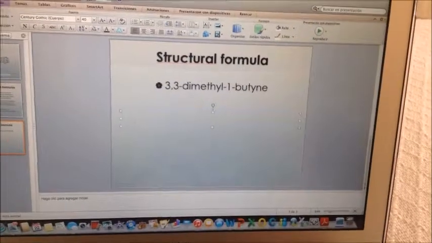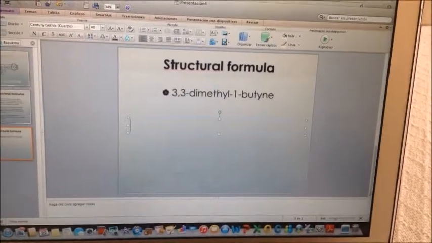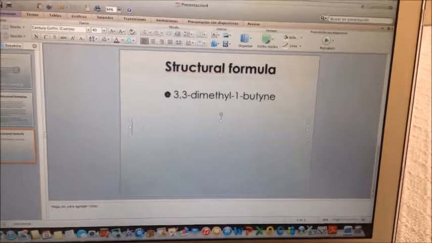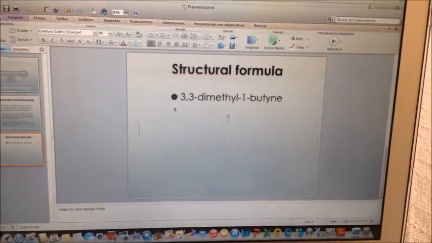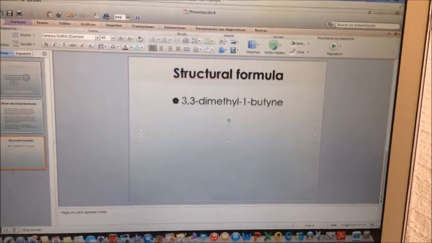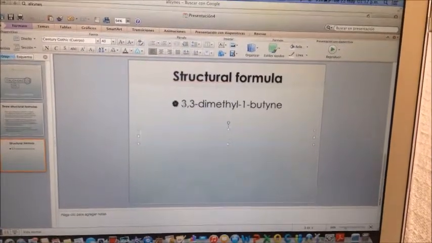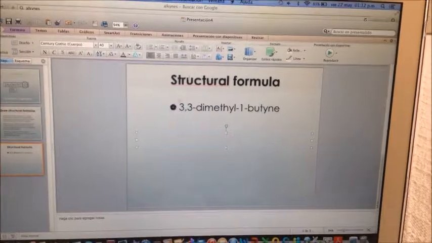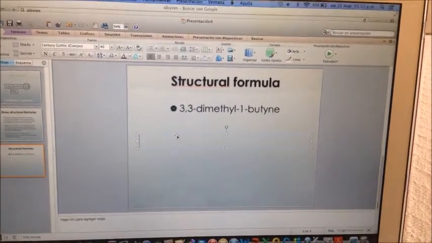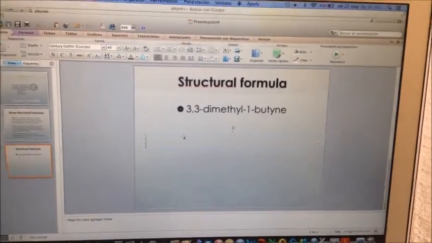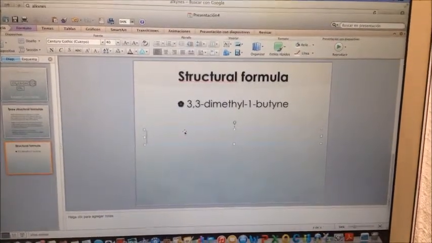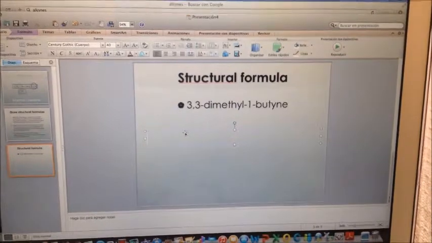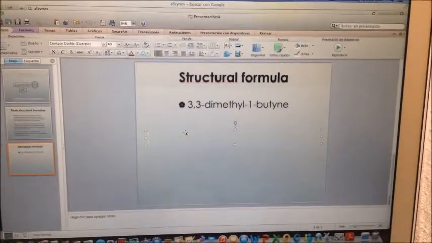Now I will explain one example of drawing the structural formula of alkenes. Here is an example that says 3,3-dimethyl-1-butene. We have to remember the rules that we said before. So the first rule was to identify the name of this compound and the location of the double bond, so we can write it correctly.